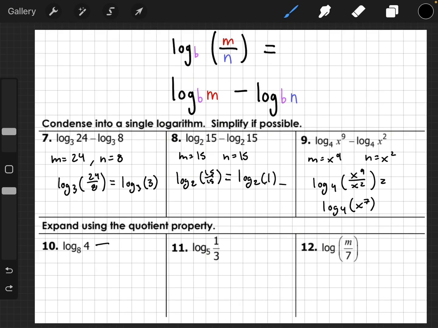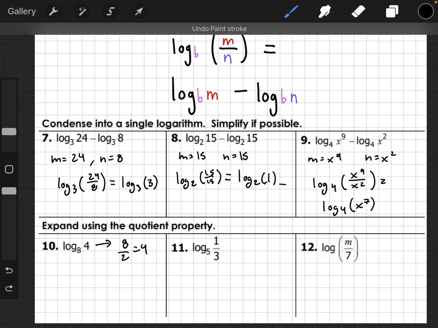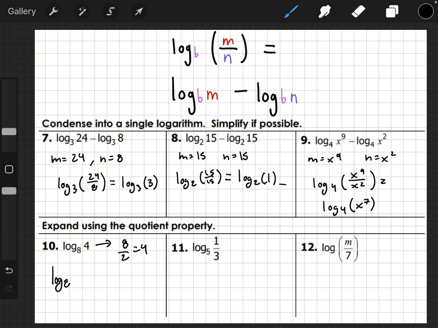So to expand this, we'll find multiples of 4. We'll go with a simple multiple of 8. So 8 divided by 2 is equal to 4. So now we can write log base 8 of 8 minus log base 8 of 2.